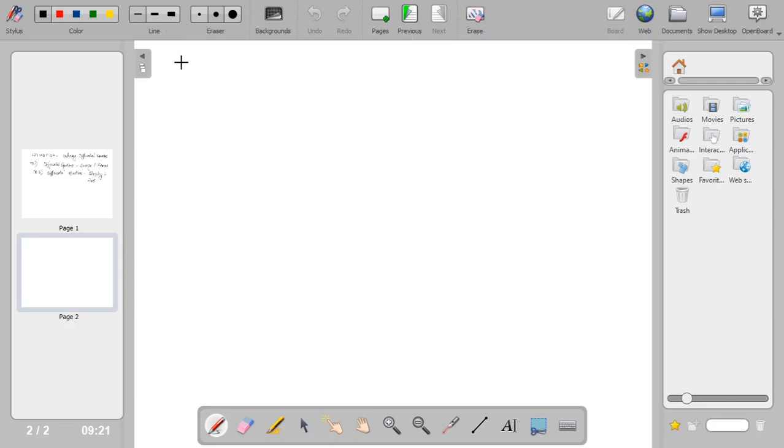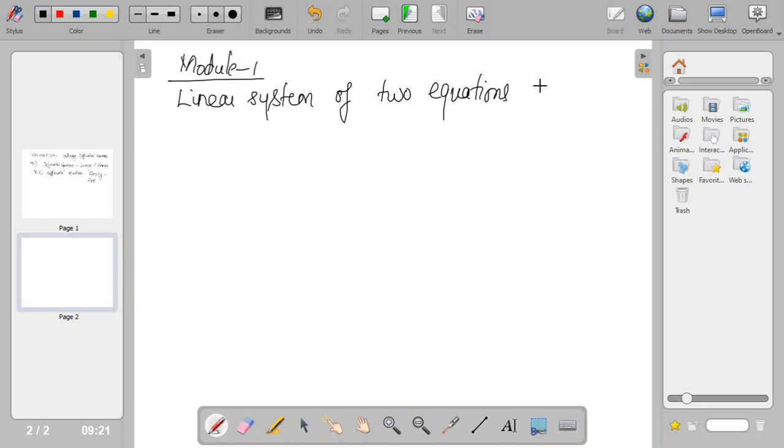So in module 1, we will be looking at linear systems of 2 equations in 2 unknowns. First of all we will define what is a linear system of 2 equations in 2 unknowns.